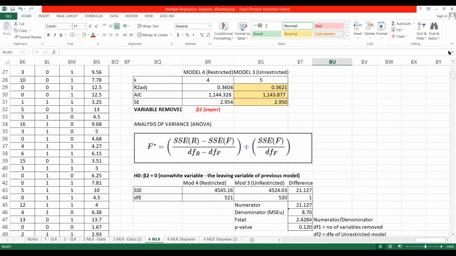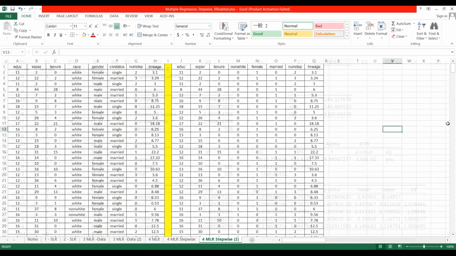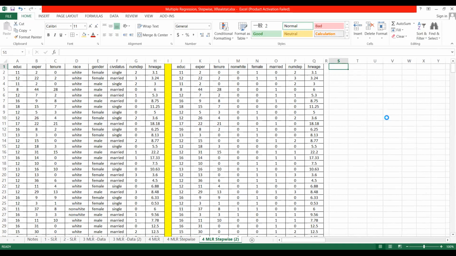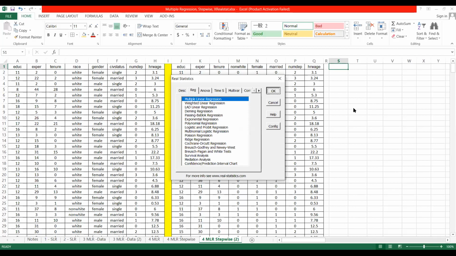Okay, but with XRealStat, which you can do in add-ins lang sa Excel, we can do this with just one step, no? Okay, so Control M to get our XRealStat, then regression.